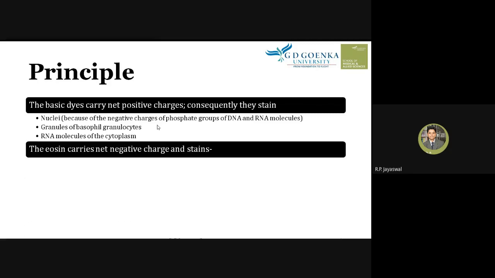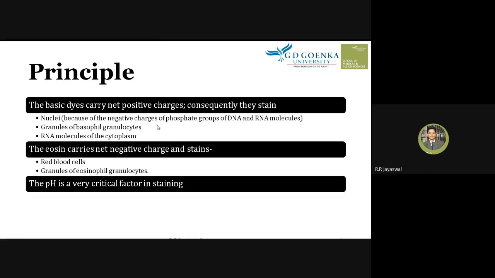The eosin carries net negative charge, and because of this, it can attract or bind to the positively charged components present in the cell. So it can stain red blood cells, which are positively charged. It can also stain granules of eosinophil, which is a granulocyte.